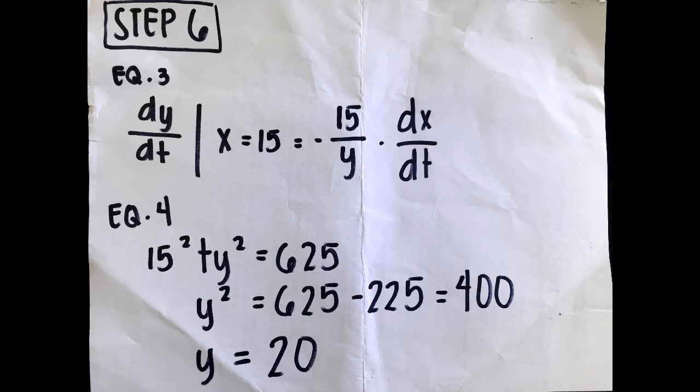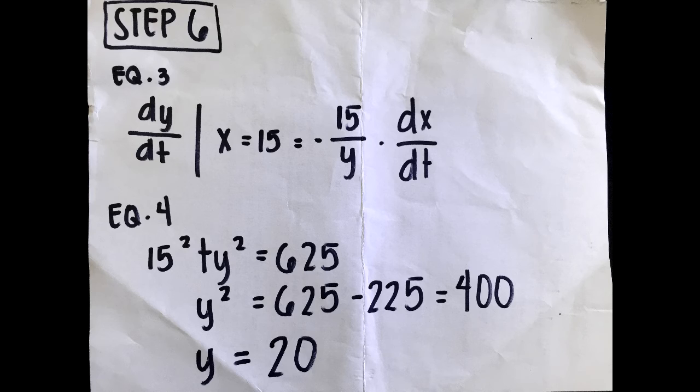Step 6. Substitute the numerical values to solve for the unknown. Substituting the given values in steps 2 and 3 into equation 2, if x equals 15, then dy over dt equals negative 15 over y times dx over dt. That is equation 3.